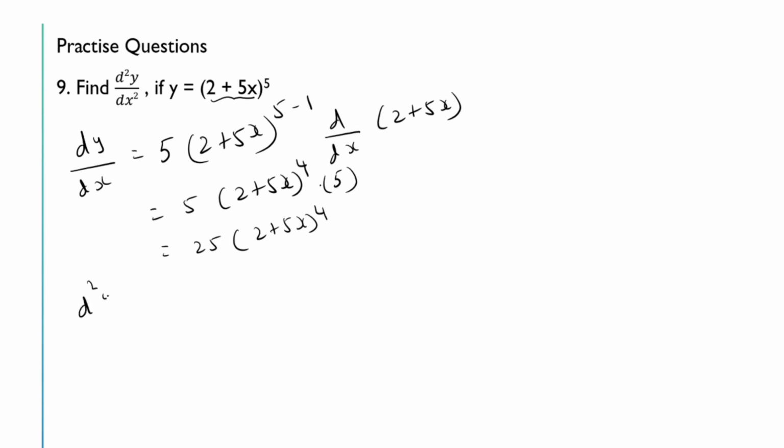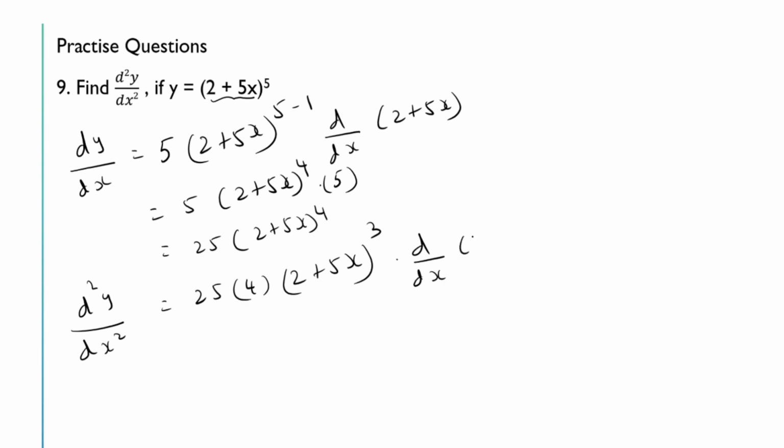Now d square y by dx square is equal to 25 into 4 into (2 plus 5x) the whole cube into d by dx of (2 plus 5x). So we have to consider this as a single function and differentiate it.